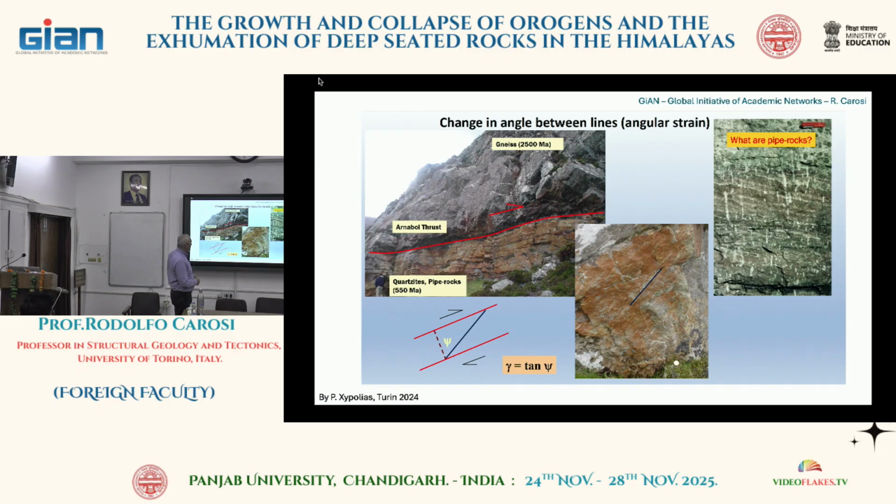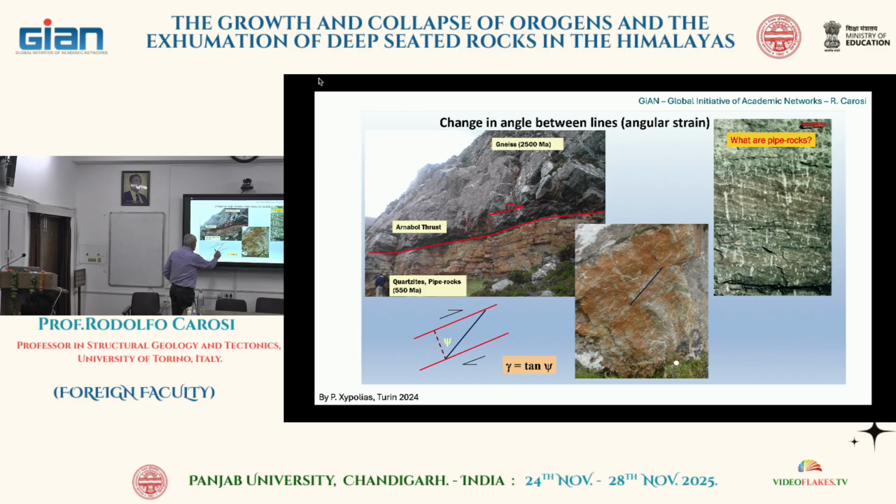Let me show you the lesson before. Below there are quartzite or pipe rocks of 150 million years. Pipe rocks means that you have this kind of burrows that are distorted by the strain, because we are in a strain like this. So these burrows are no longer perpendicular to the bedding, but have been distorted by simple shear.